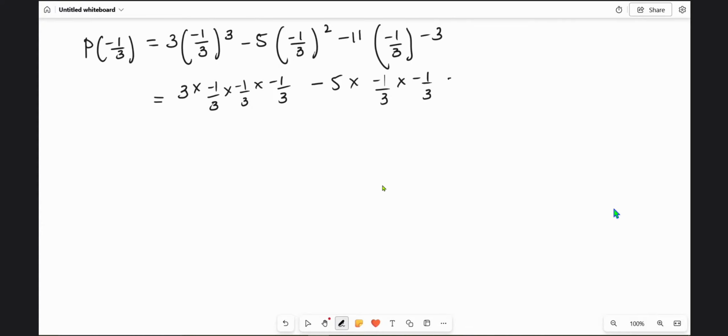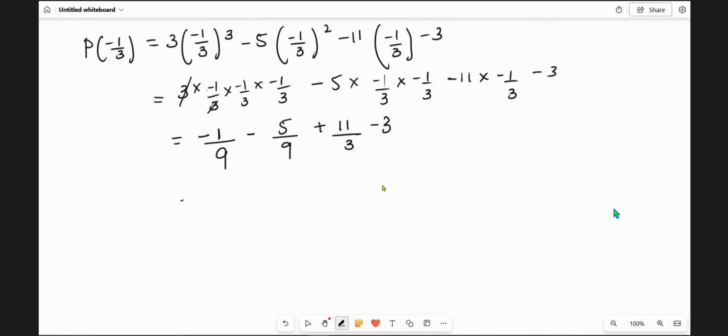Minus 1 by 3 minus 11 into minus 1 by 3 minus 3. So 3 and 3 we can cancel here. Minus into minus plus, plus into minus minus. We'll get it as minus 1 by 9. Here minus into minus will be plus, plus into minus will be minus, so we'll get it as 5 by 9. Minus into minus plus 11 by 3 minus 3.